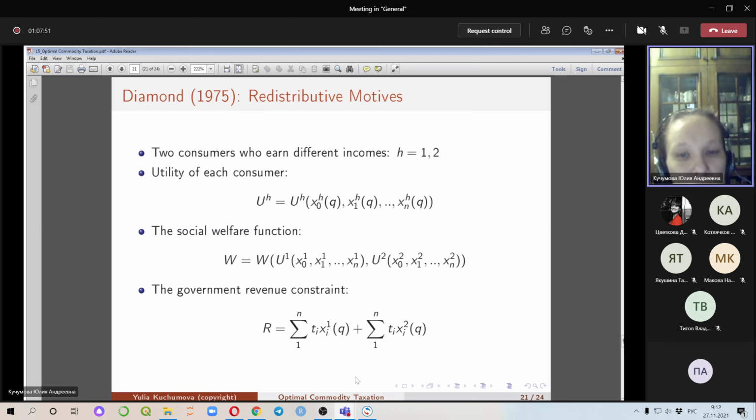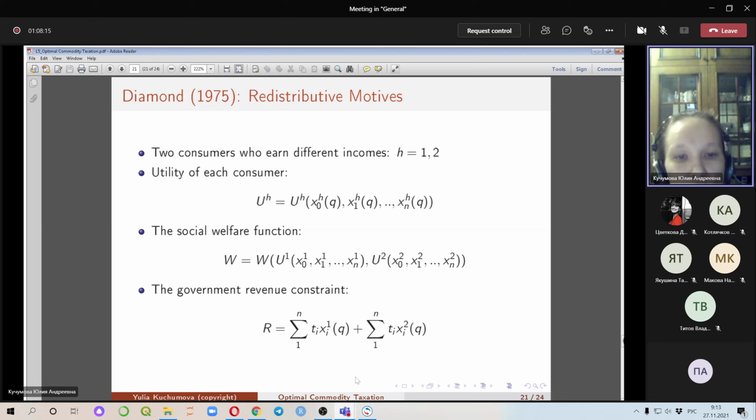We will index the consumers by H, households 1 and 2. The utility of each consumer is as before. It depends on the consumption of good 1, 2, and so on, and the leisure. For simplicity, it will be denoted by X0.